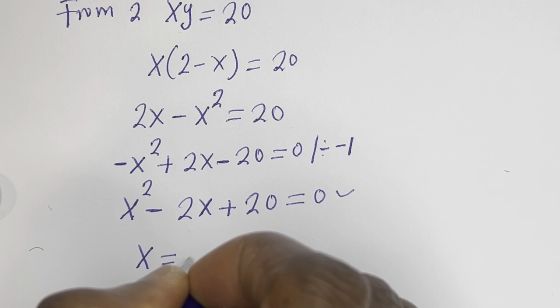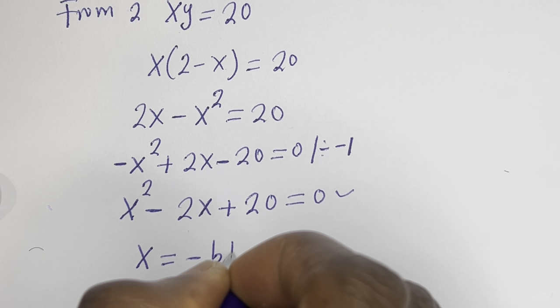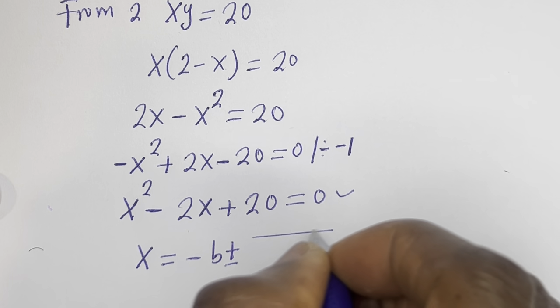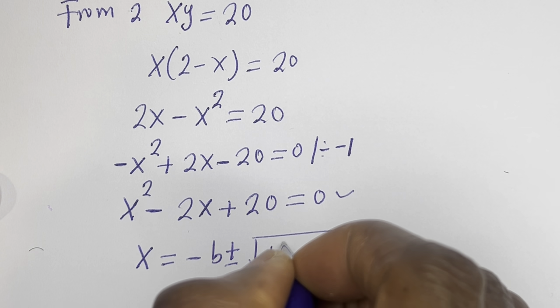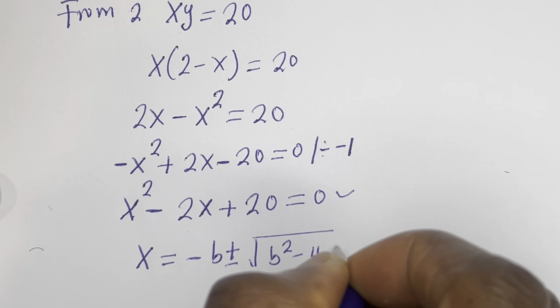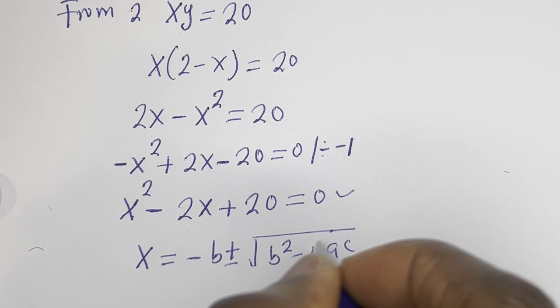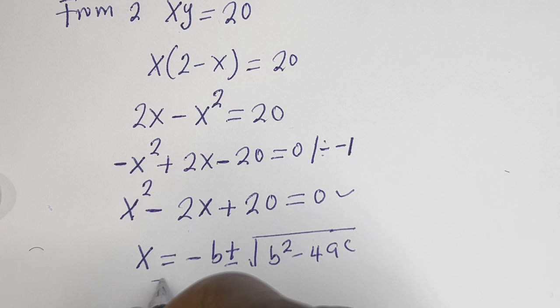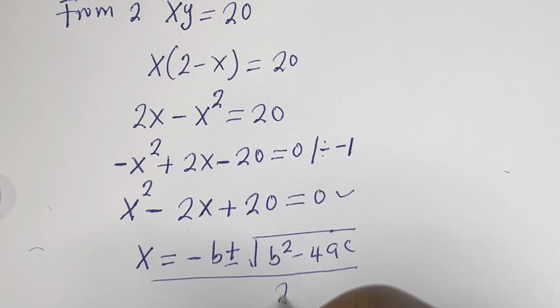x is equal to minus b plus or minus square root of b square minus 4ac, over 2a.